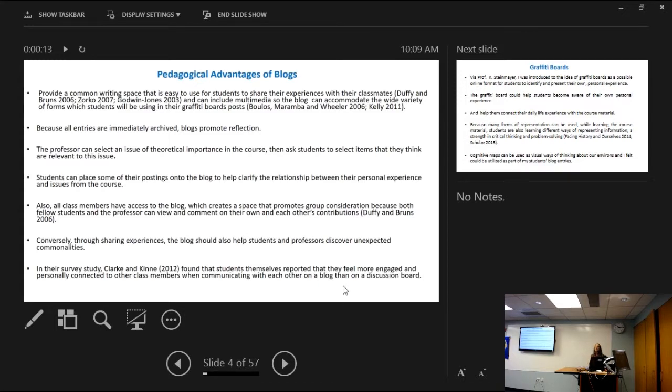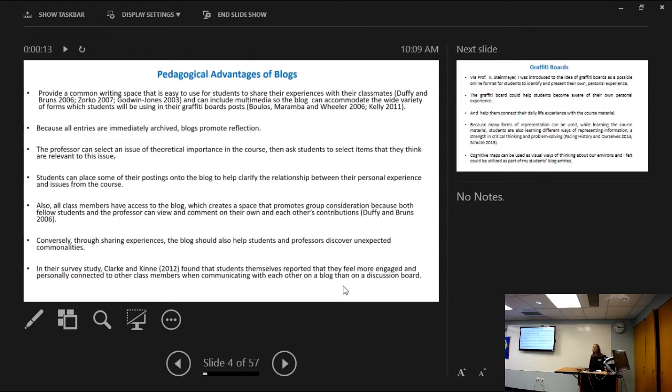So this slide carries down a number of the advantages of using a blog. At the time, I was culling this information from the different research articles. There was maybe a little bit more of a difference between discussion boards and blogs. What I liked about blogs, besides obviously giving students a prompt of some sort, it would allow the students to not just write text as a response to that prompt, but they could also use visual information.